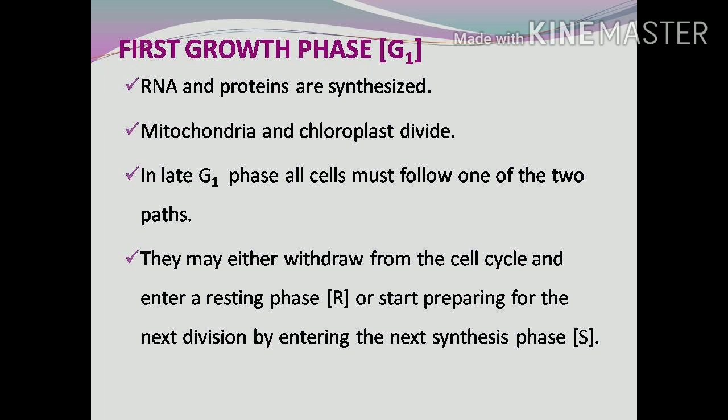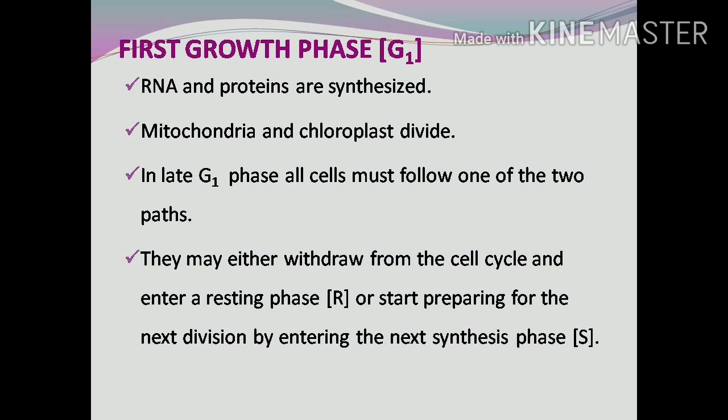In the first growth phase, RNA and protein synthesis takes place, so the volume of cytoplasm increases. Especially mitochondria and chloroplasts have their own DNA, and in these organelles also we can see synthesis of RNA as well as proteins. In this phase, there are two choices for the cell.